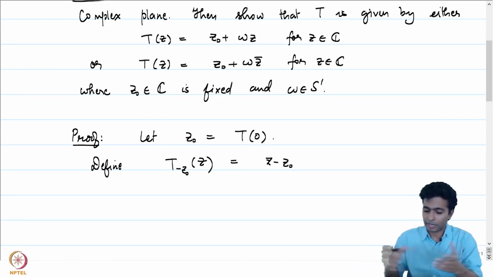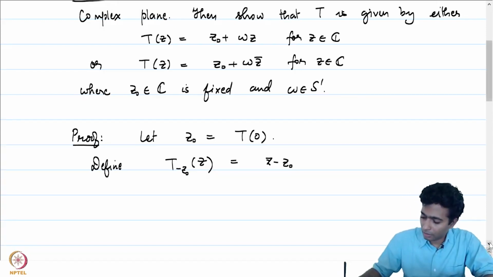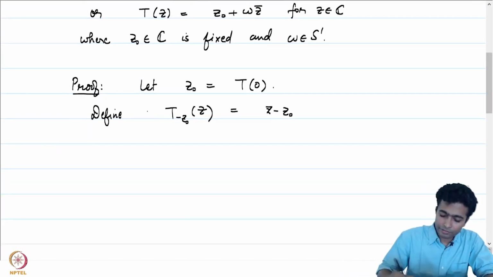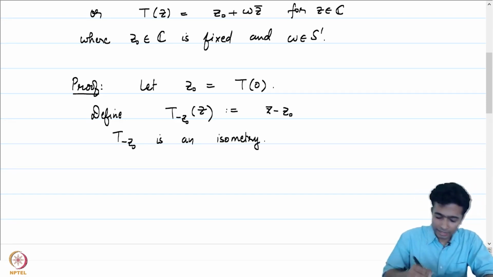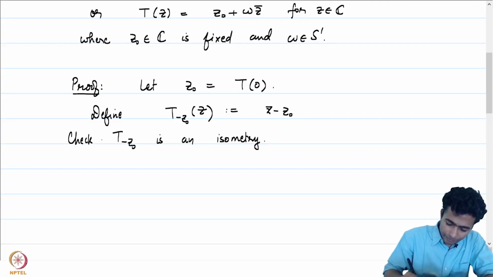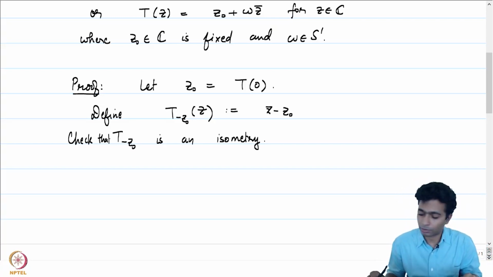This is a translation by minus z0. If you notice, this is adding minus z0 to z. The first observation is that T minus z0 is an isometry. I will leave that as a check for you. It's quite straightforward. Check that T minus z0 is an isometry.